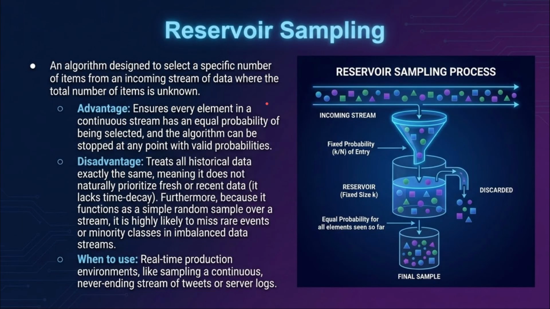Reservoir sampling: when we have a continuous incoming stream, we will use it. The best part is that it ensures every element in the continuous stream has an equal probability of being selected, and the algorithm can be stopped at any point with valid probabilities.